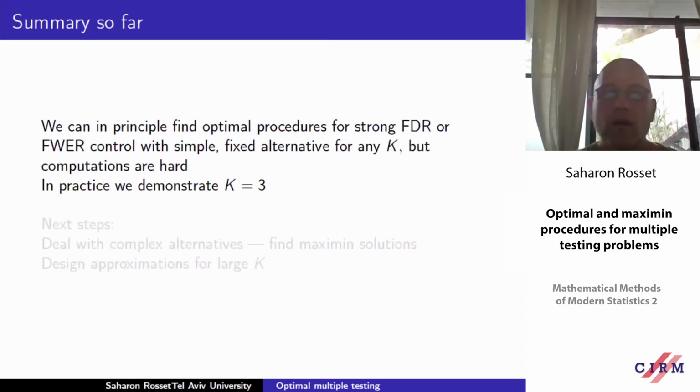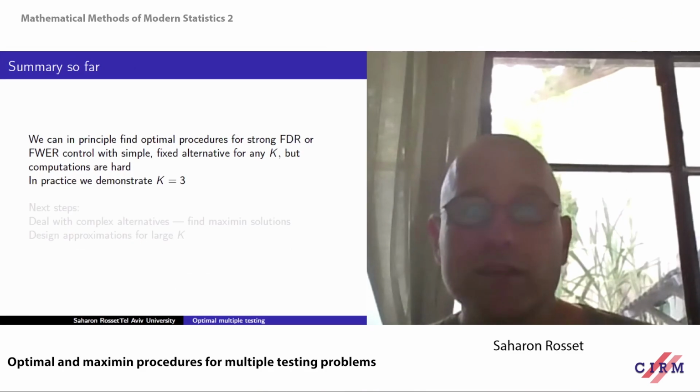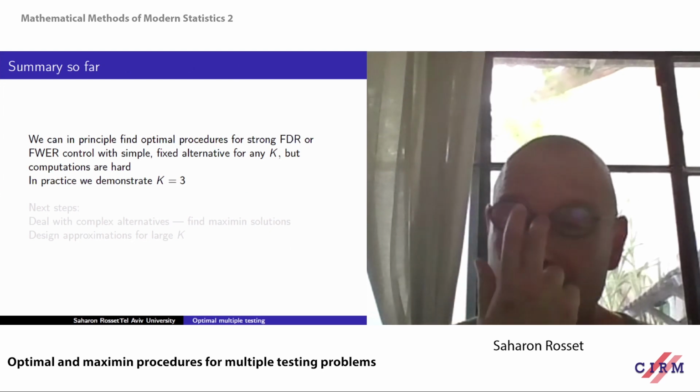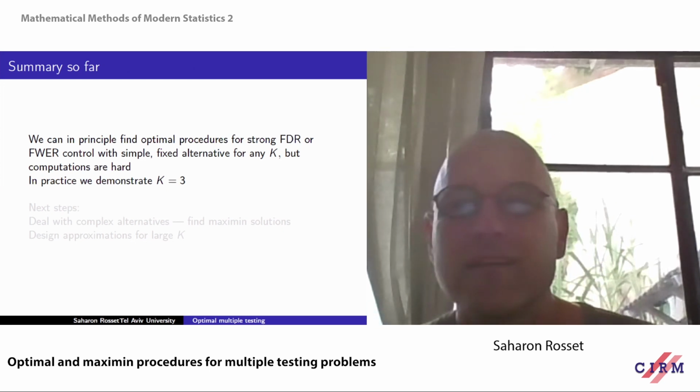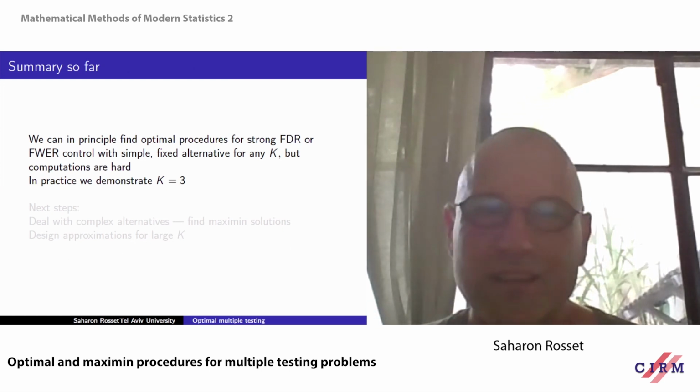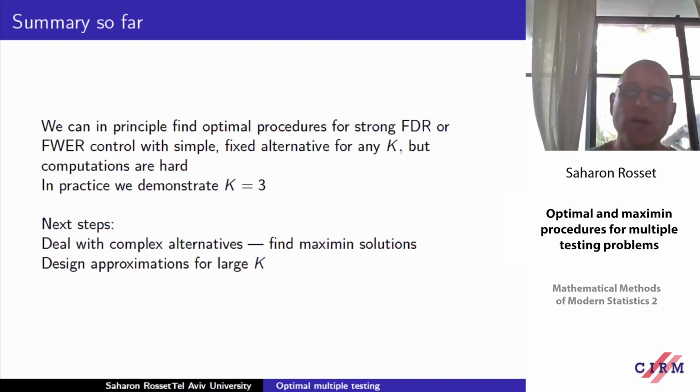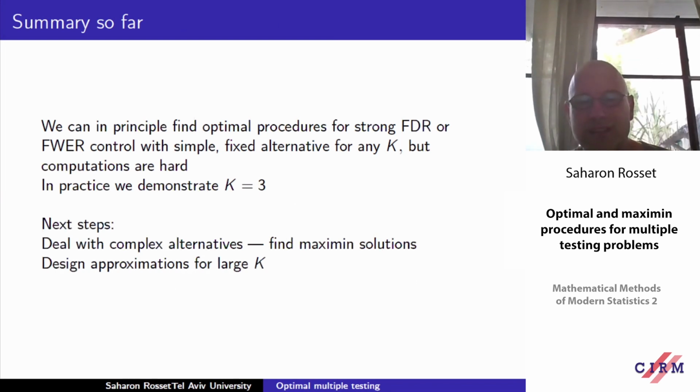Okay, so what we've shown is that we can, in principle, find optimal procedures for strong FDR or family-wise error control with simple alternatives. The computations are hard. I haven't shown you, but I've indicated that they are hard, and indeed we do it up to 3 hypotheses currently. So if we want to make this more interesting or practically useful, there are 2 things we have to be primarily concerned with.